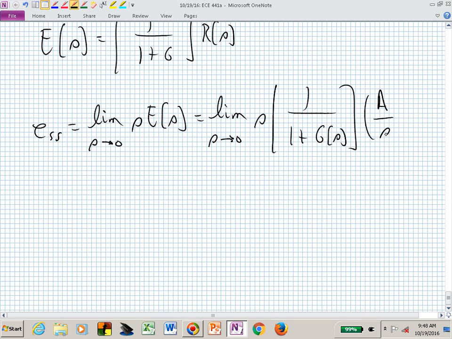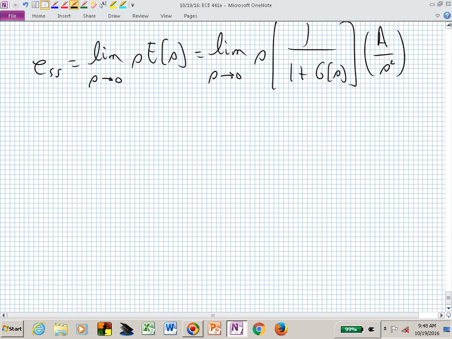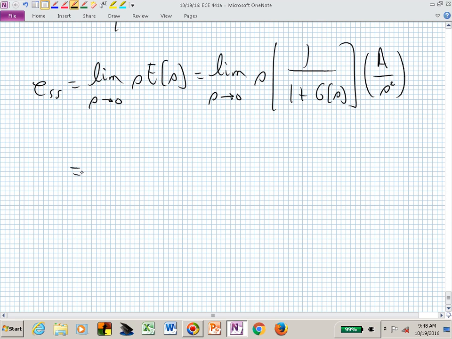And this is A over S squared. But now what happens? This S cancels only one of those S's, right? And we now have A over the limit. Now if I distribute that S downstairs across the two terms, I have the limit of S plus S G of S as S is going to 0.